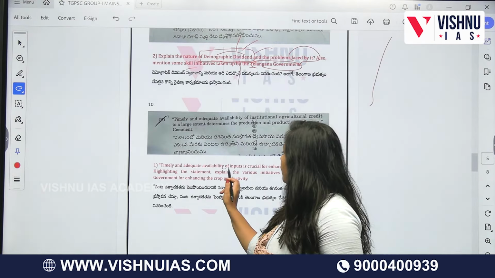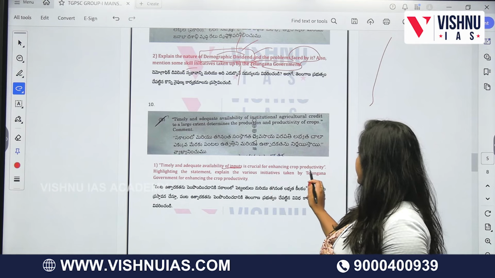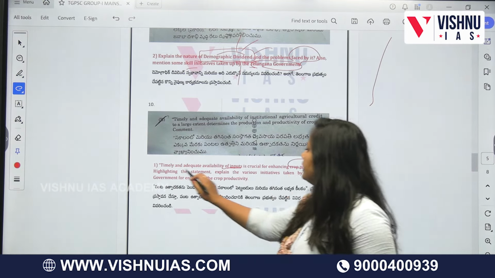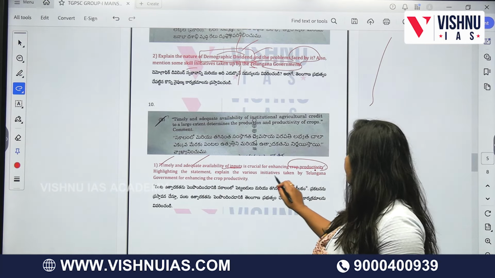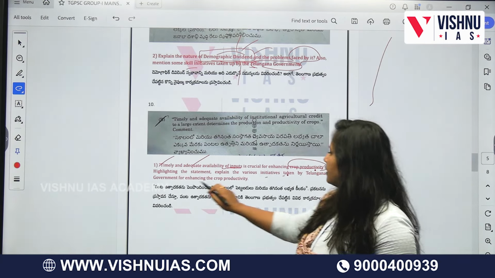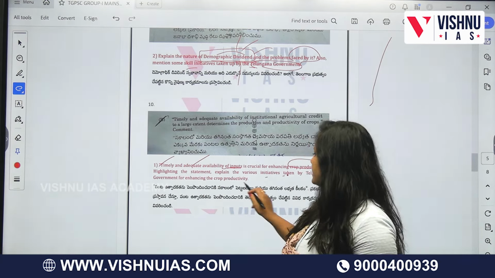Timely and adequate availability of inputs is crucial for enhancing crop productivity. Highlighting the statement, explain the various initiatives taken by the Telangana government for enhancing crop productivity. Timely and adequate availability of institutional agricultural credit, basically, is used for crop productivity. To a large extent it determines the production and productivity of crops.